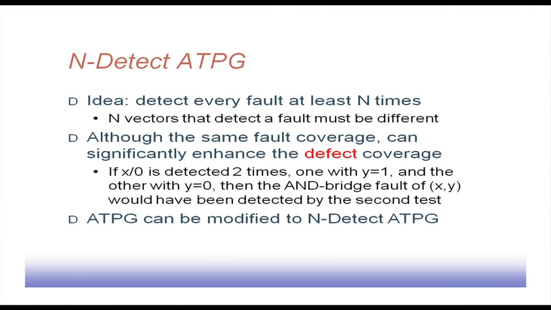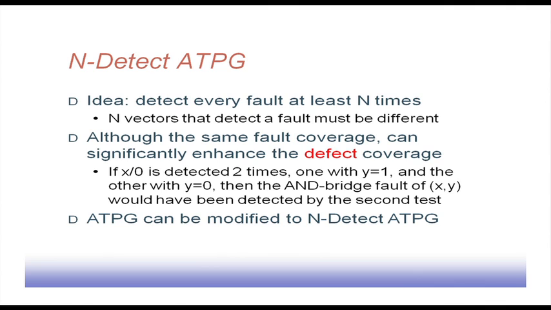So, taking these two into consideration, we can have this pick and choose type of approach, and in that case also this N detect is going to help us, because it is going to give us N patterns for every fault. Now, an ATPG can be very easily modified to work as an N detect ATPG.